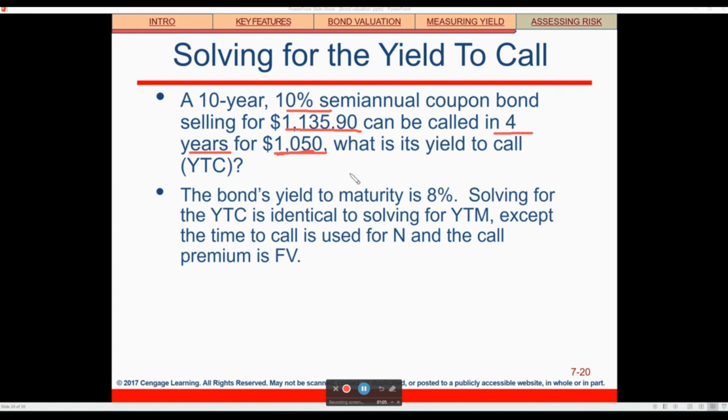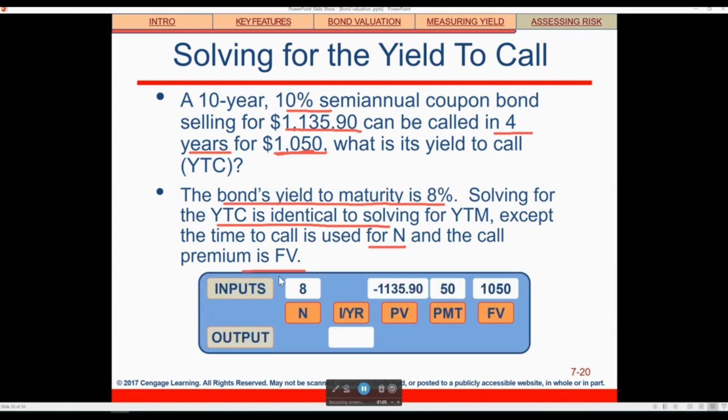So here they already solved for the year to maturity, but we're going to solve for the yield to call. You do the same thing that you do for solving for the yield to maturity, except that the time to call is used for n and the call premium is used for your future value.